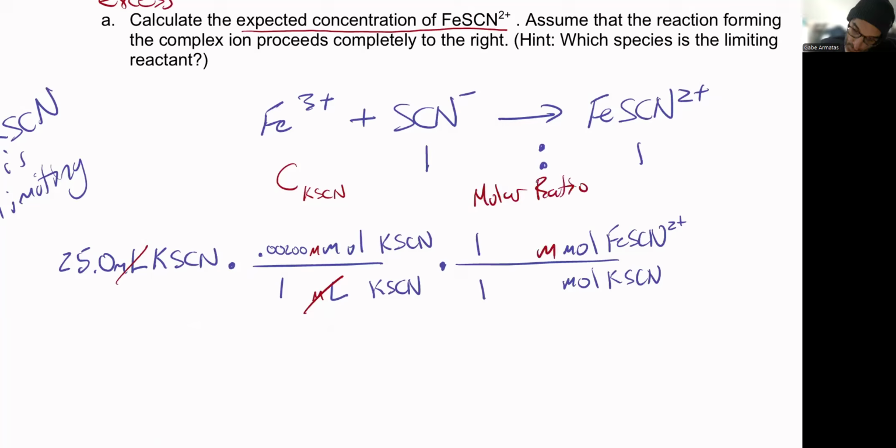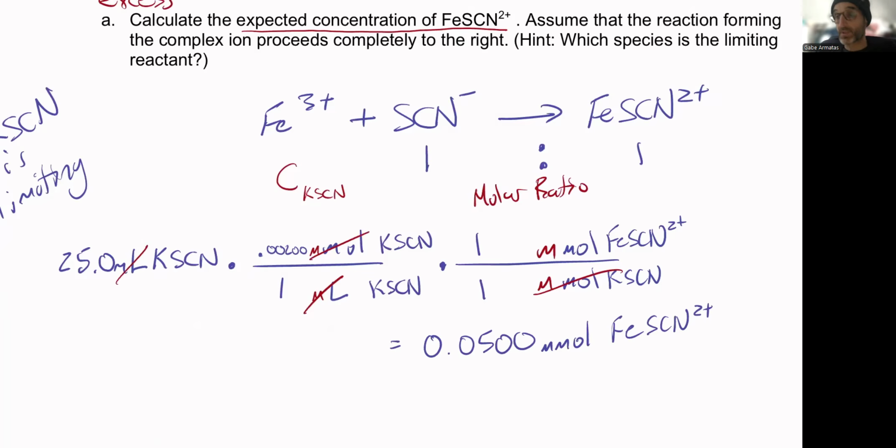Again, I can just put a milli in front of that to make sure the milli cancels there. It's all going to make sense as to why I did this in a second. So if I do this math, I find out that I have 0.0500 millimoles of iron thiocyanate. All of it turns into product, and we have 0.05.